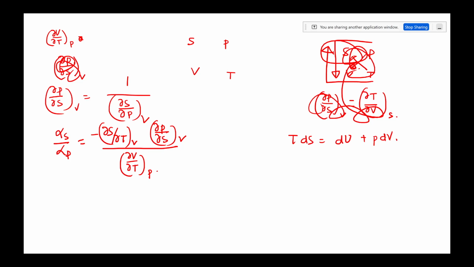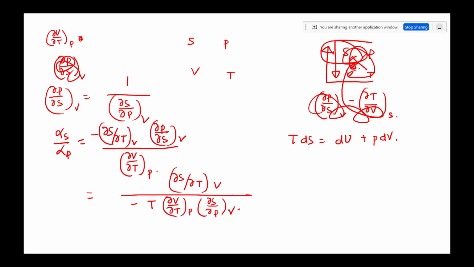So here we can write del S del T at constant V divided by minus T del V del T at constant P times del S del P at constant V.